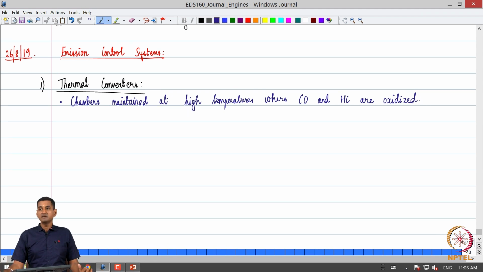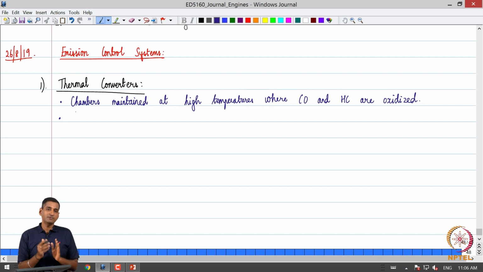Okay. So, the main requirement, as we have seen as far as combustion is concerned, is that we also require oxygen, right, for proper oxidation to take place and a mechanism to initiate and sustain this combustion. So, one important requirement of a thermal converter, in addition to providing a sufficient amount of oxygen, is that the gases should have enough residence time such that they get time to react with oxygen and then get oxidized.